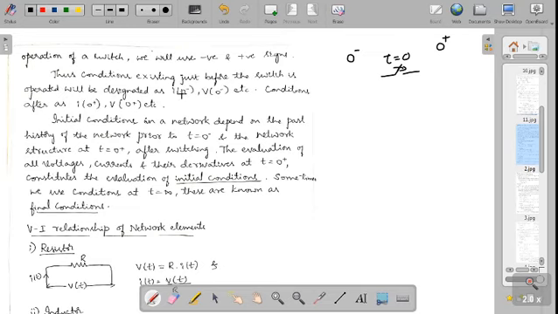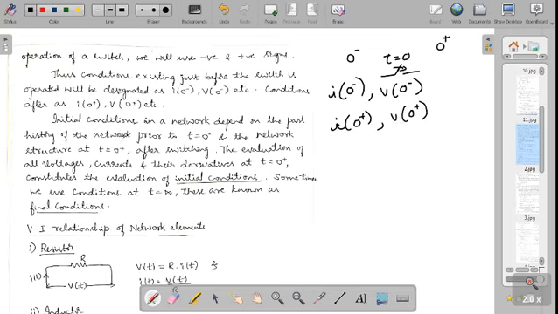If it is current, it is taken as i of 0 minus, the current before closing the switch, and voltage is v of 0 minus. Conditions after closing are i of 0 plus and v of 0 plus, immediately after the switch is closed. So we'll be using these terms.